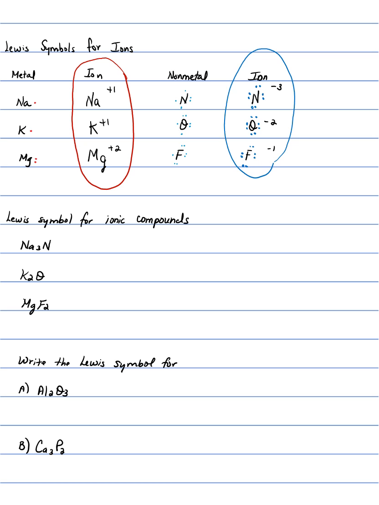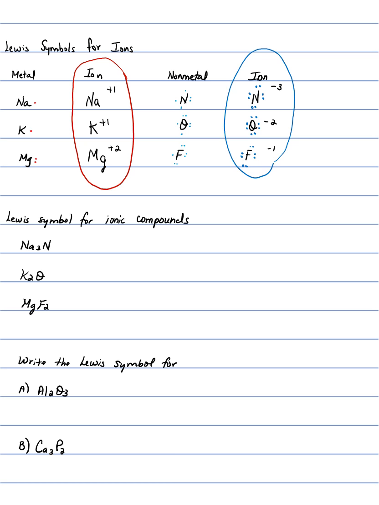Now, we can use that information to write down the Lewis symbol for ionic compounds. You just have to write down the Lewis symbol for the metal of the elements that you have listed there. So I'm going to do the first one. You have Na3N, that's sodium nitride.